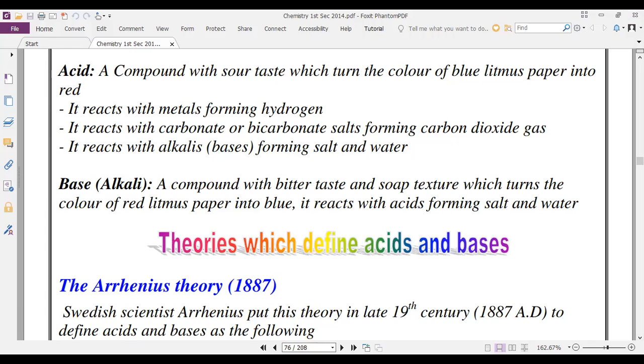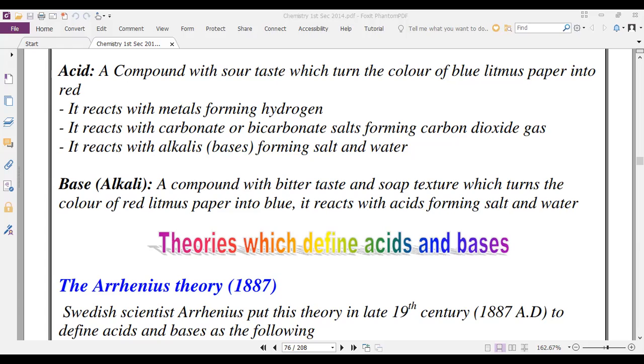Okay, try to read this paragraph, please, Mariam, beginning from acids. Acid, a compound with sour taste which turns the color of blue litmus paper into red. It reacts with metal forming hydrogen. It reacts with carbonate or bicarbonate salts forming carbon dioxide gas. It reacts with alkalis, bases, forming salt and water.